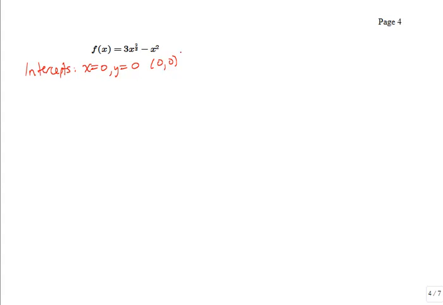And so I've got my y-intercept, and if I try and find my x-intercepts, then we would need to set this function equal to 0. So if I let y be 0, then this becomes 0 equals 3x to the 2/3 minus x squared, which does factor a little bit here.